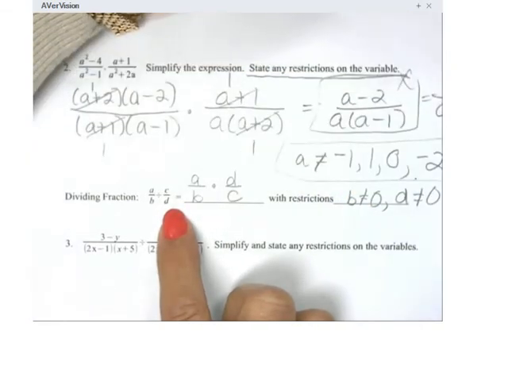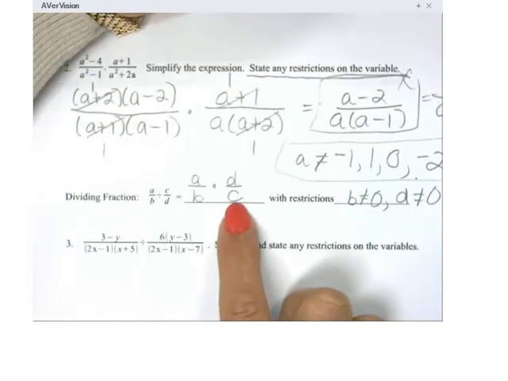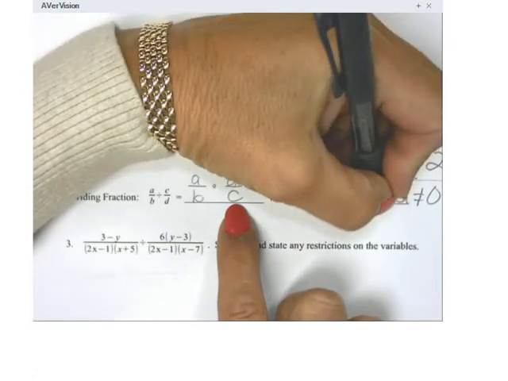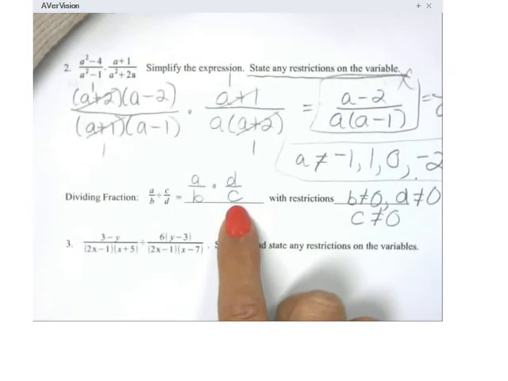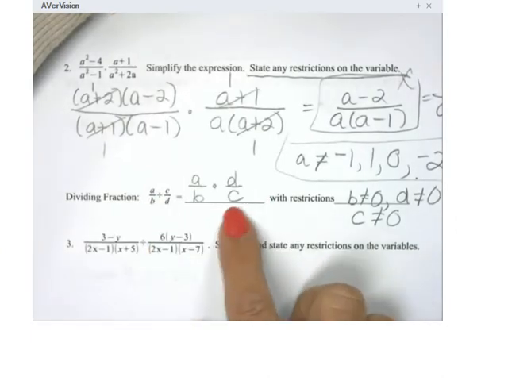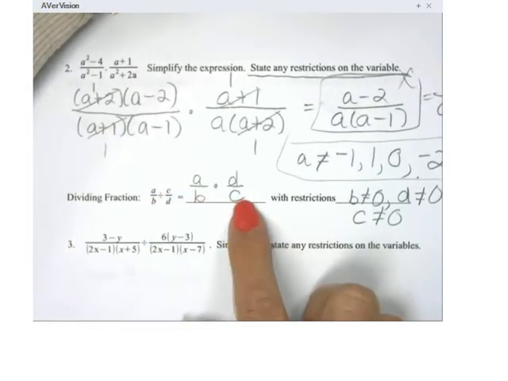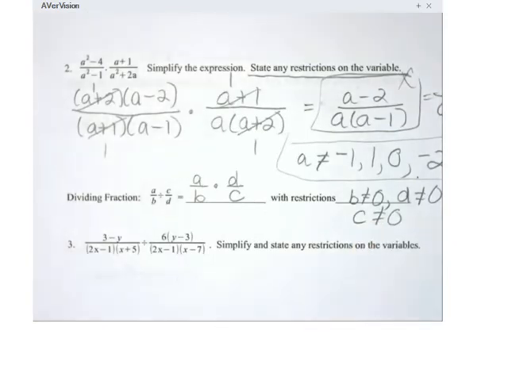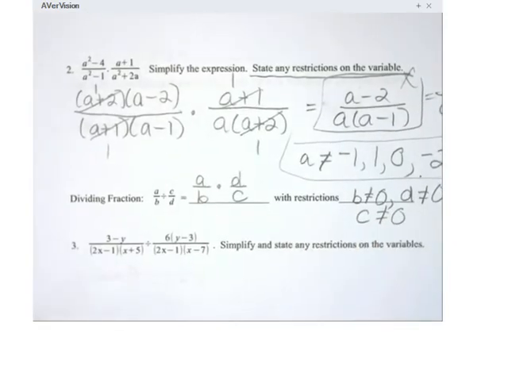But also look, this c ends up becoming one of our denominators, so c could not equal 0 either. So we actually have 3 restrictions, which is going to cause us to have more things to look at when we're reducing a fraction down.